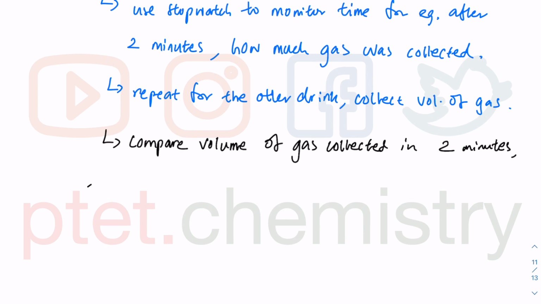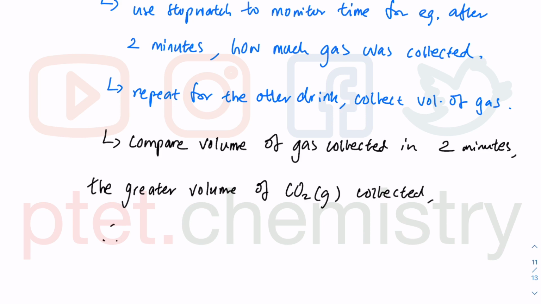And then the greater volume of CO2 gas collected, therefore the more concentrated the acid is, because we have reacted it with the sodium hydrogen carbonate, right? So the more concentrated the phosphoric acid is in the drink.